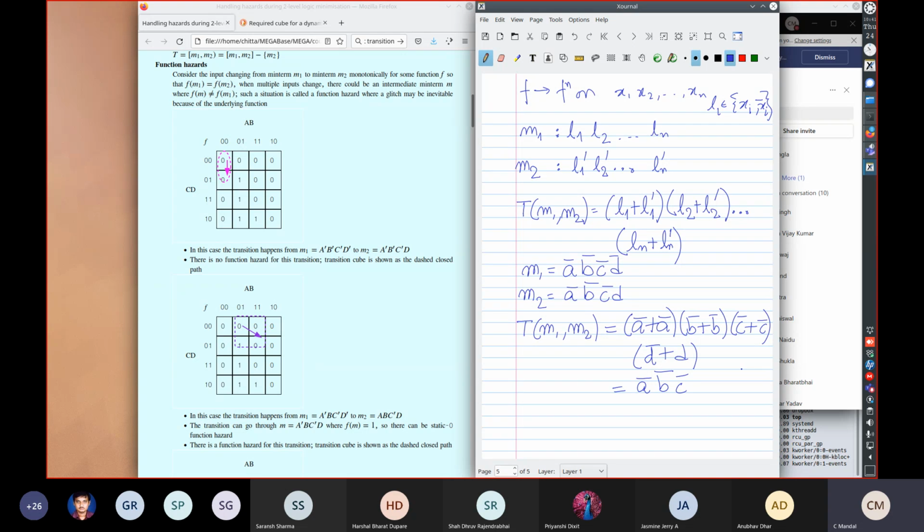All right, so this is the idea of a transition cube. So now going back to this function.